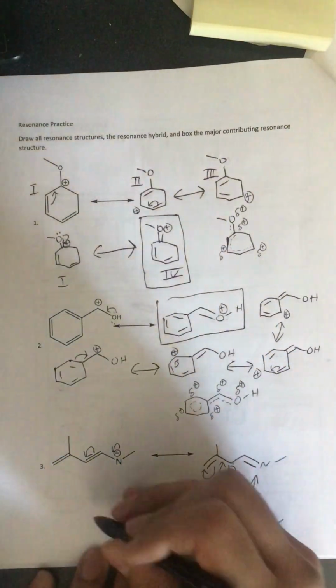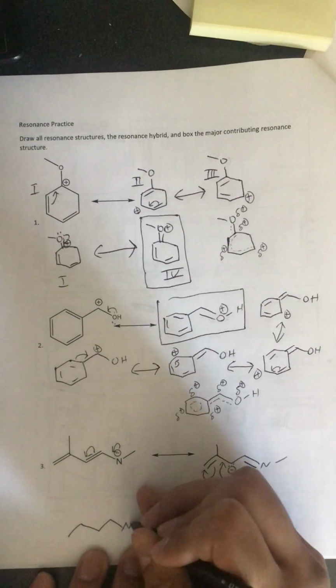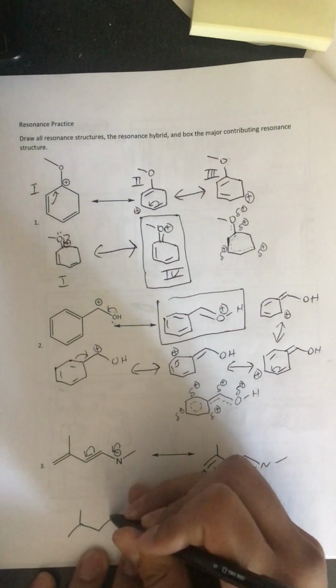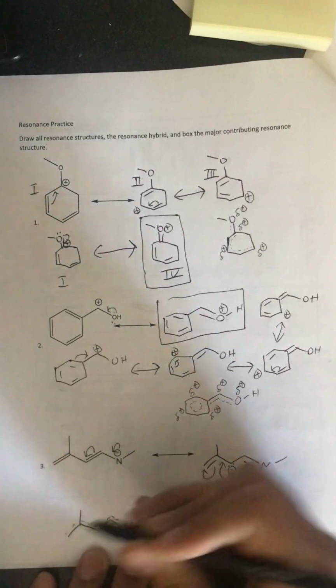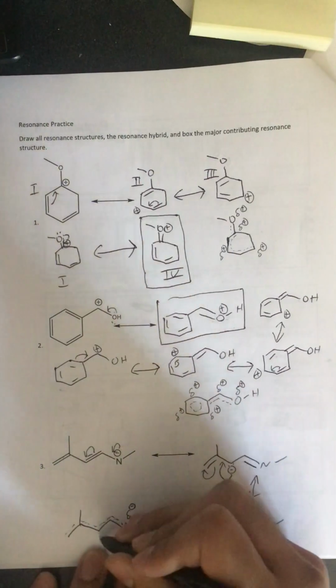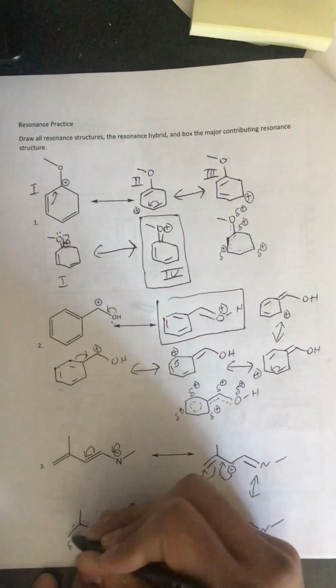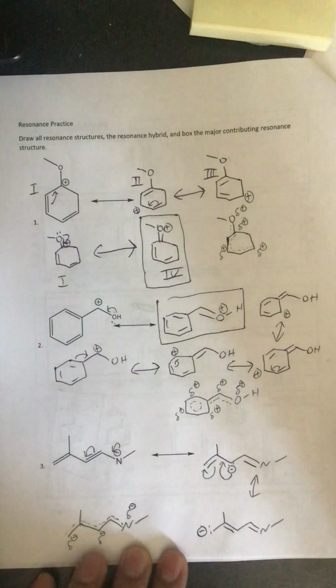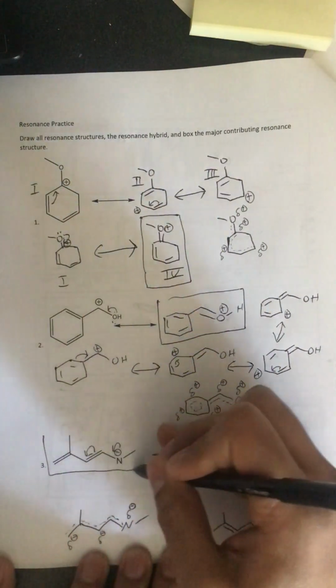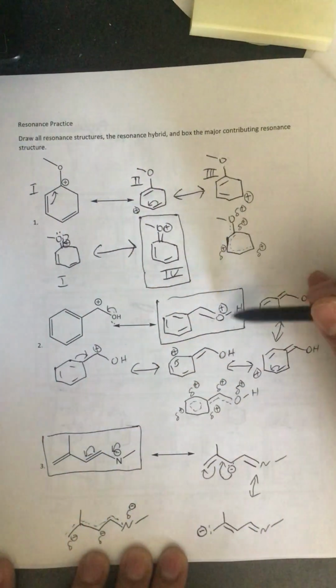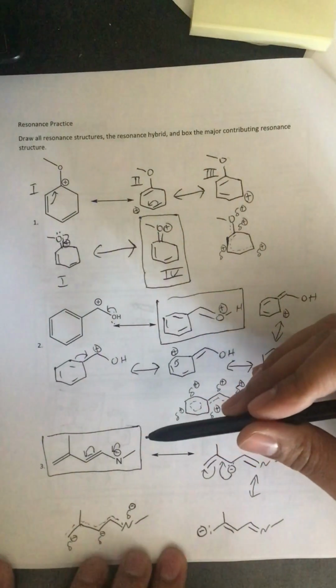And now I have to just make the resonance hybrid. Like that. Major contributing resonance structure will be this one because of electronegativity. So for these, it's the octet rule for this electronegativity.